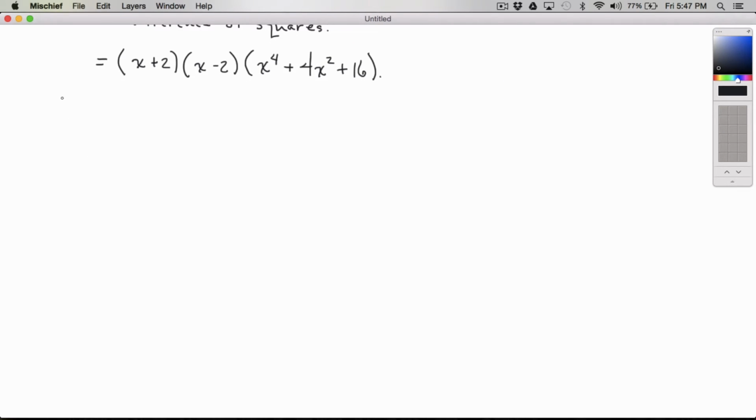So now we're going to factor x to the 6th minus 64 as a difference of squares.